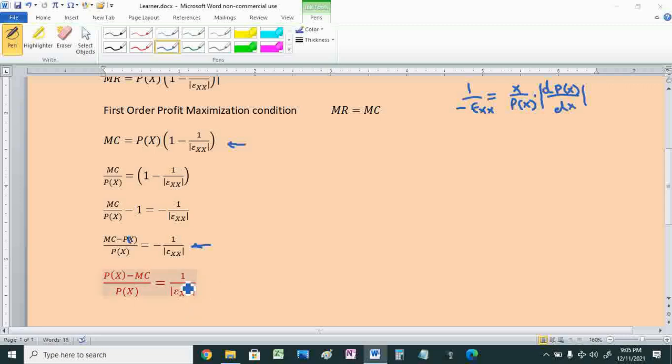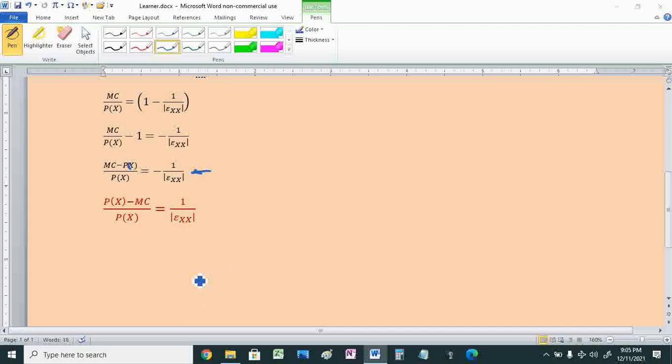See that if in this formula I put own price elasticity equal to infinity, then 1 over infinity becomes equal to 0, and we will get price of x minus marginal cost divided by price of x equals 0.